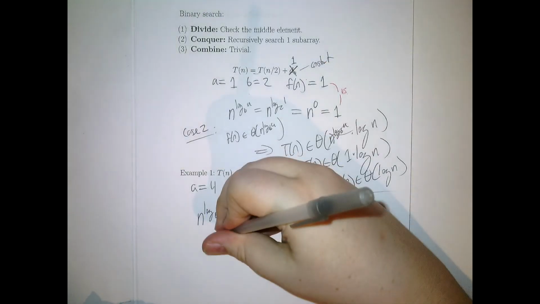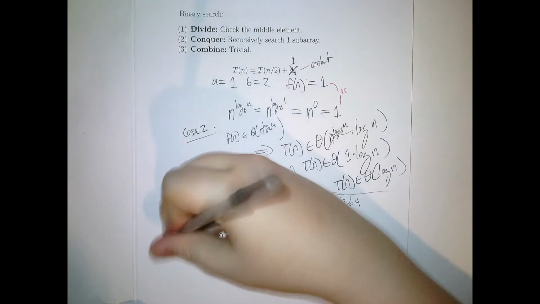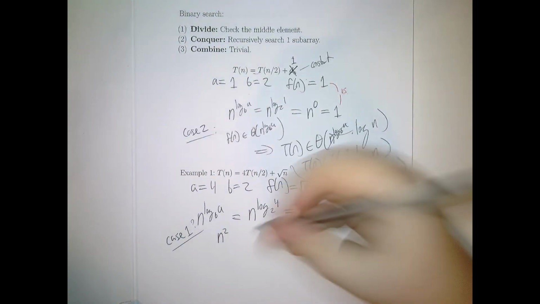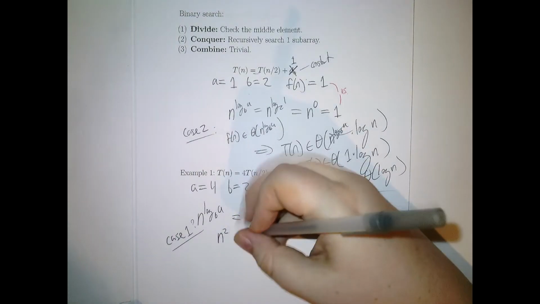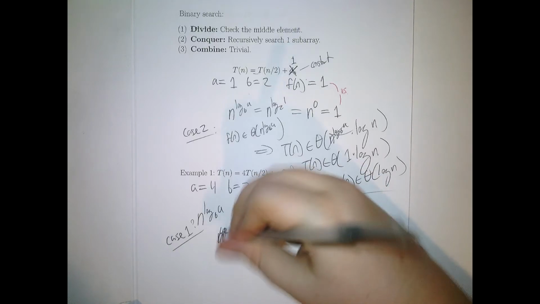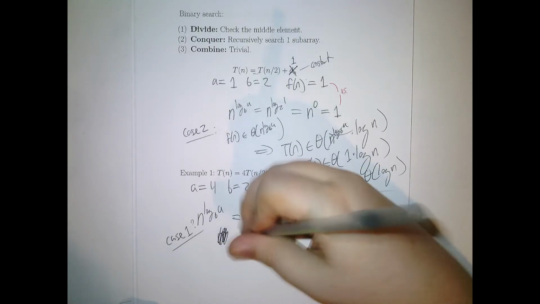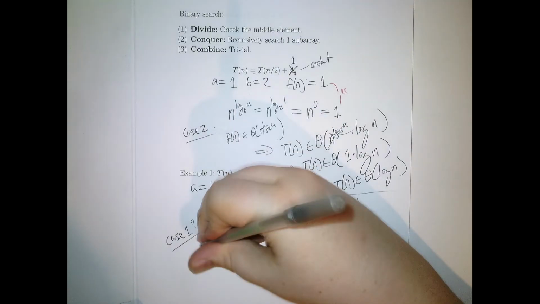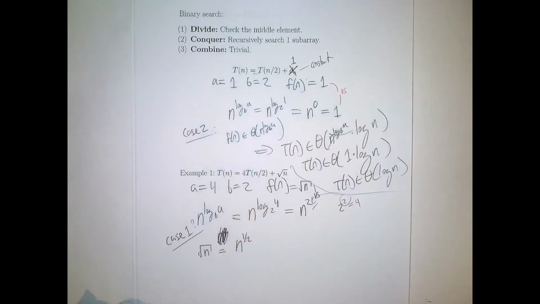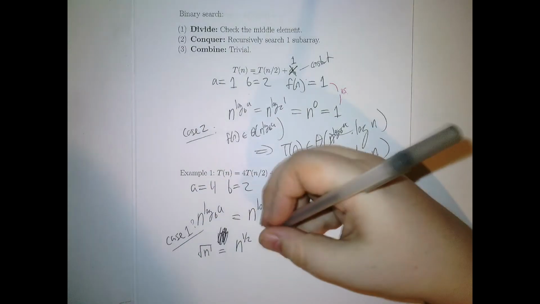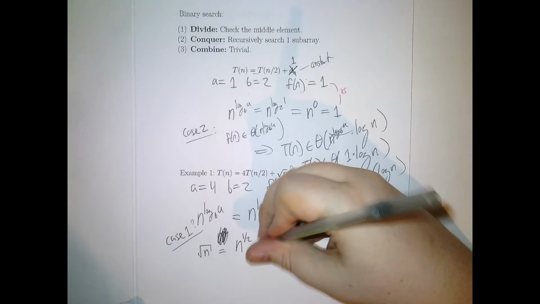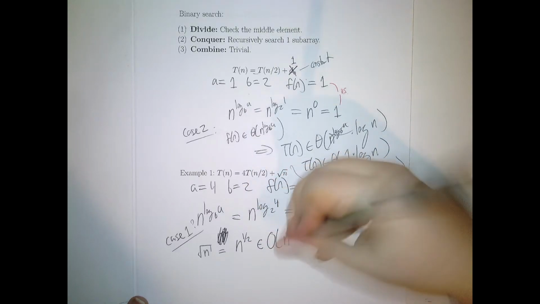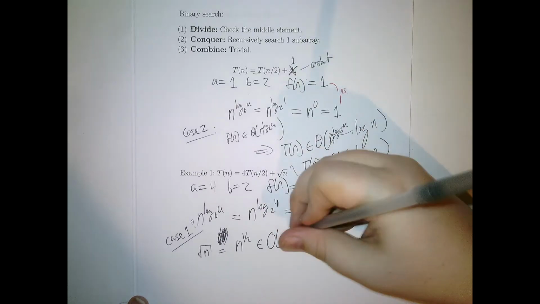So we want to prove, we think, maybe case 1. Right, case 1. We think that we're going to prove that n to the 1/2, right? Square root is really 1/2. N to the 1/2, we want to prove that this guy is upper bounded by n to the log base b of a, so that was n squared.